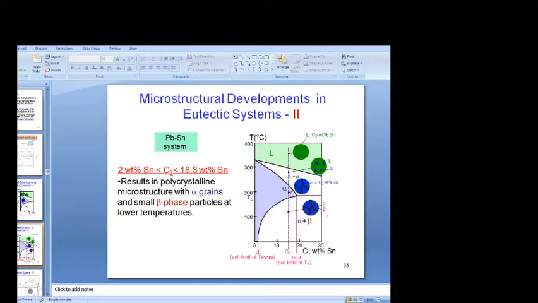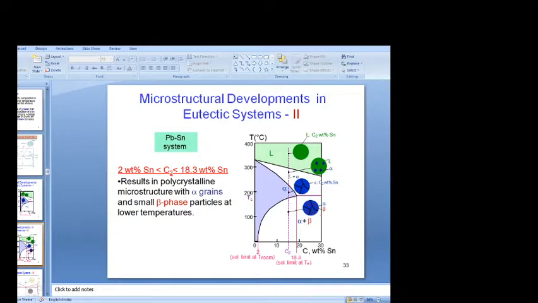That particle is indicated in the microstructure inset at point G, as you can see here. With continued cooling, this particle will grow in size because the mass fraction of the beta phase increases slightly with decrease in the temperature. So that is another development of the phase taking place.